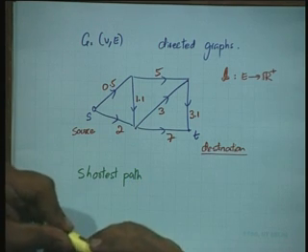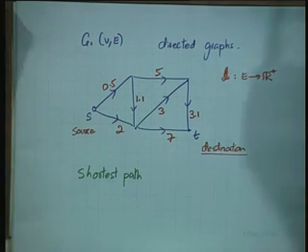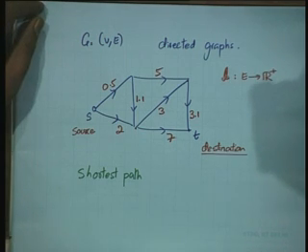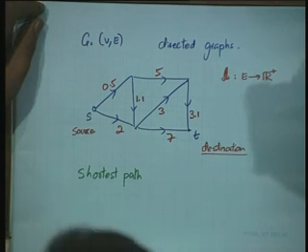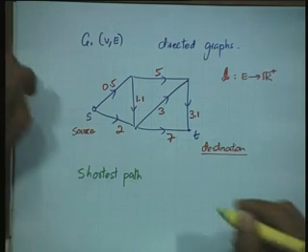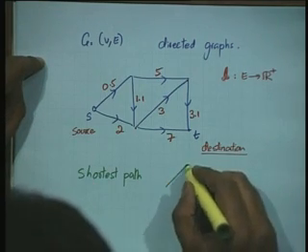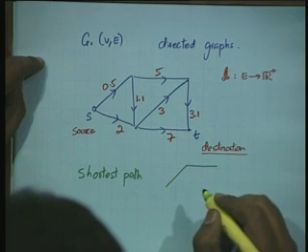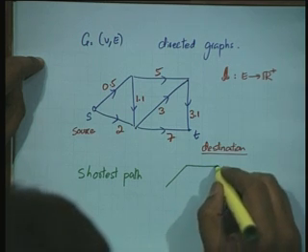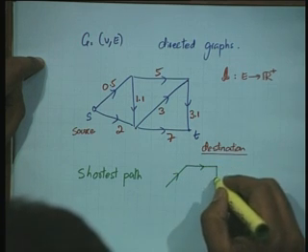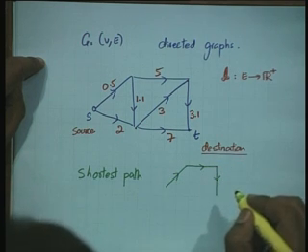Right. How many different paths are there in this graph between S and T? 4 only. So, there is one path I go like this, then I go like this, and then I come back here. That is one path, right.